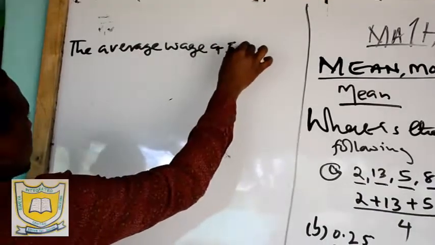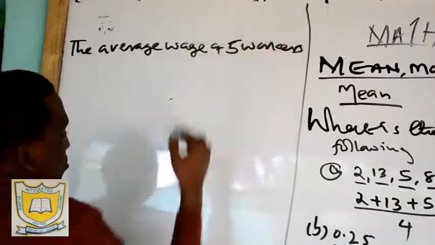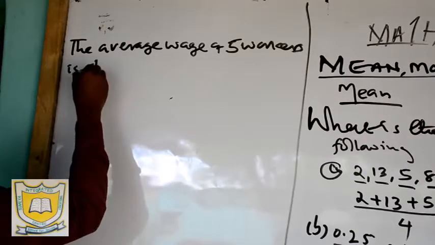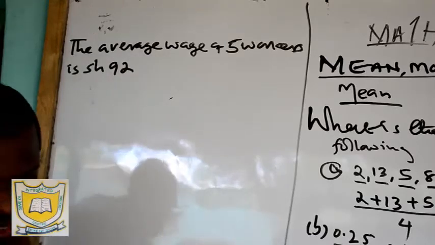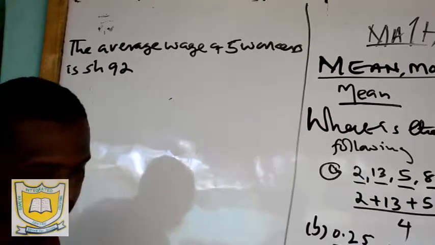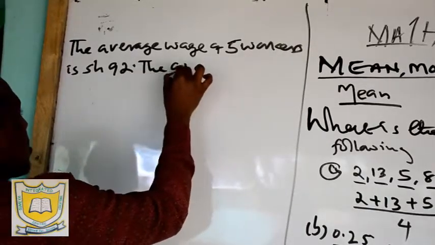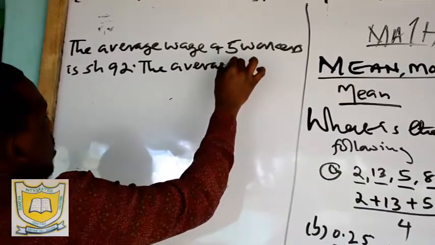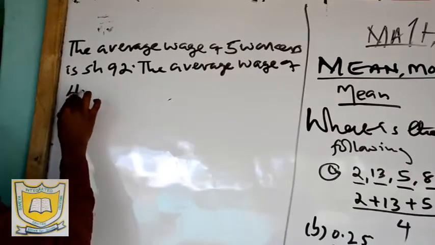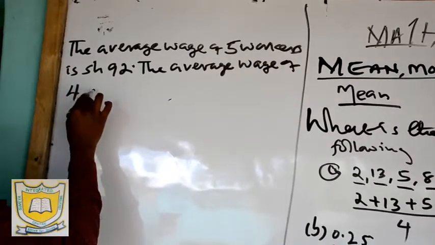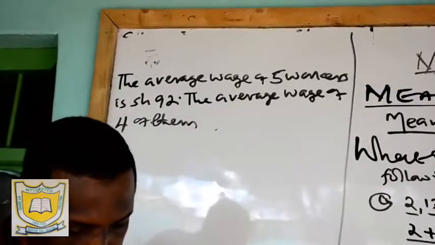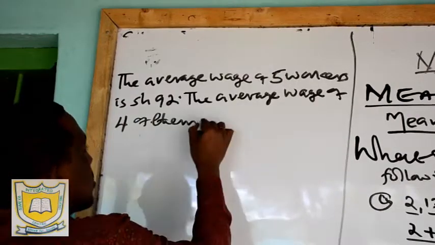You are told now the average wage of 4 of them is shillings 95.